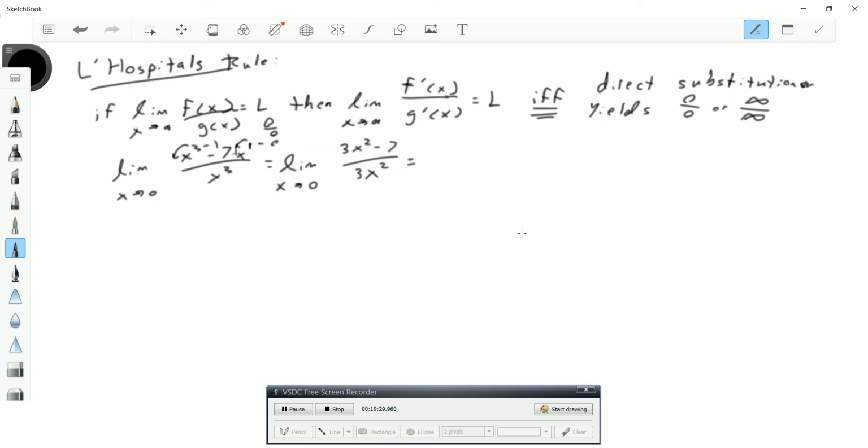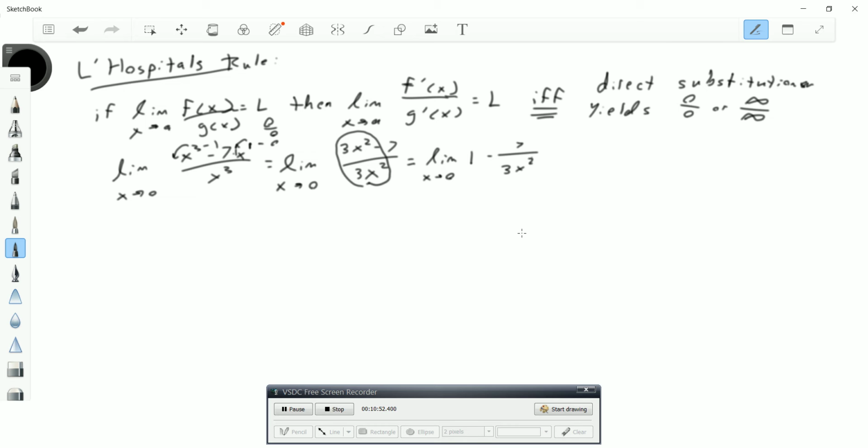Okay, let me break it up. Maybe this will make it a little easier. The limit as x approaches 0 of, now I'm going to put the 3x squared under each, so that's 1 minus 7 over 3x squared. Okay, now the limit as x approaches 0 of 1 is 1. And now we have a minus.